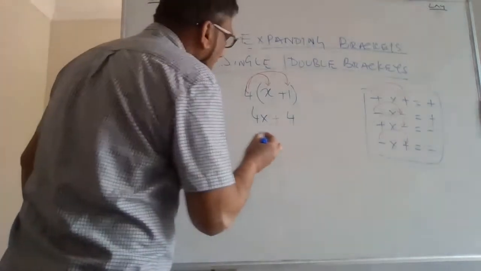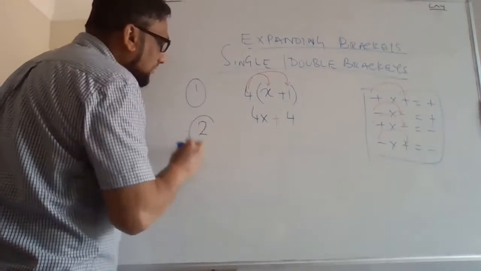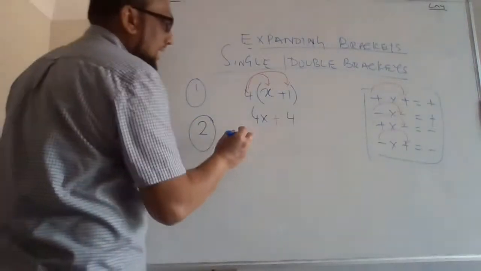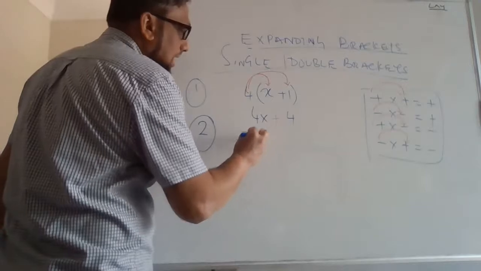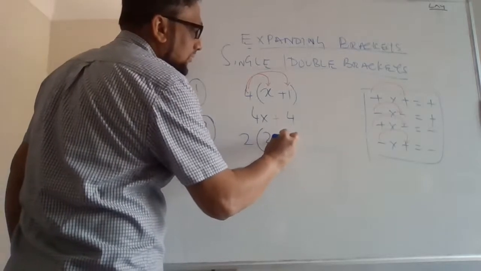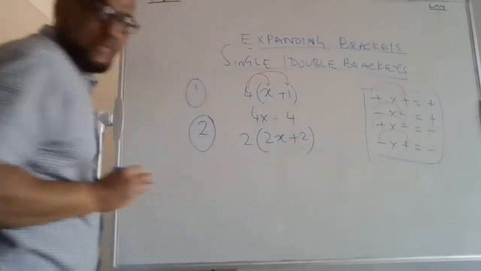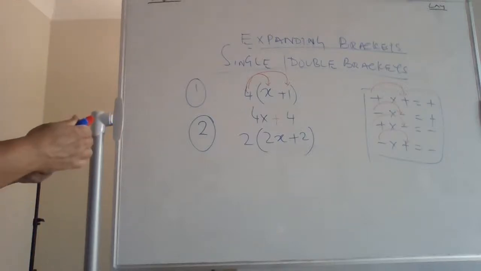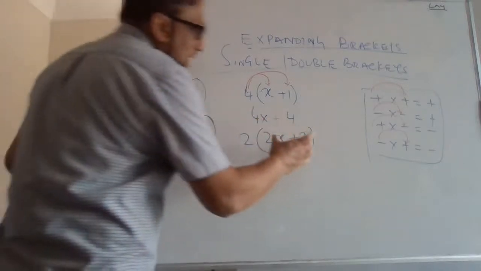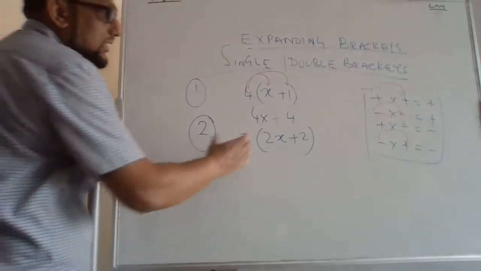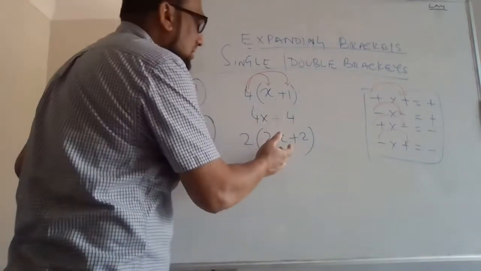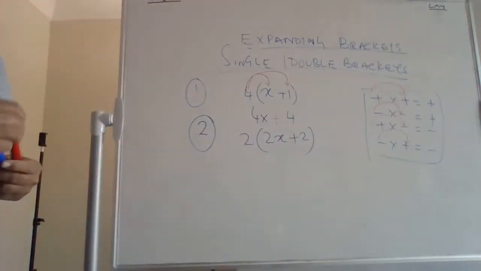Now let us move to another example. If I say 2 times 2x plus 2, how can we solve this one? The same way. First we need to check how many numbers are in the bracket. So this is 2x and this is 2.